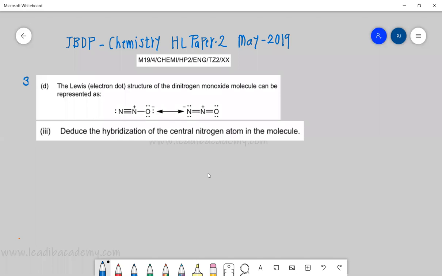Question number 3D3. Deduce the hybridization of the central nitrogen atom in the molecule. It means they are asking us about this. Very, very simple. This nitrogen is triple bonded. It's triple bonded.